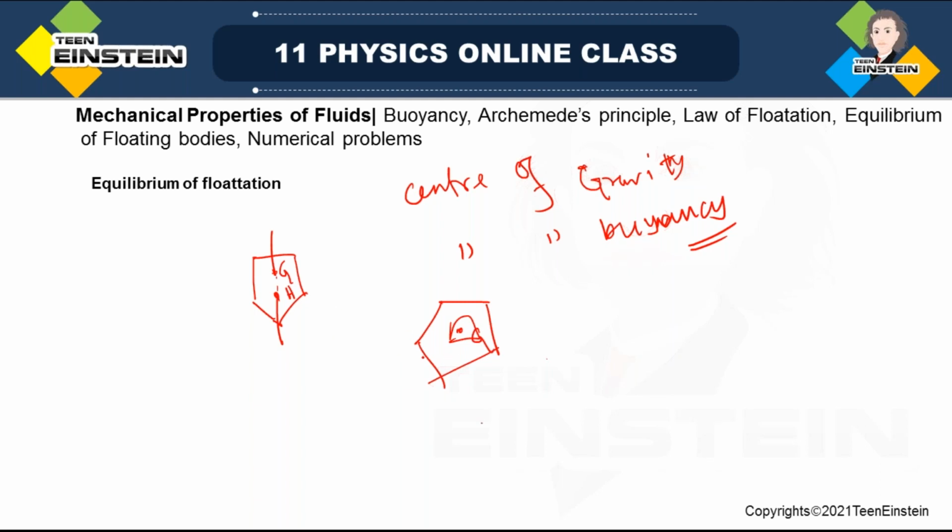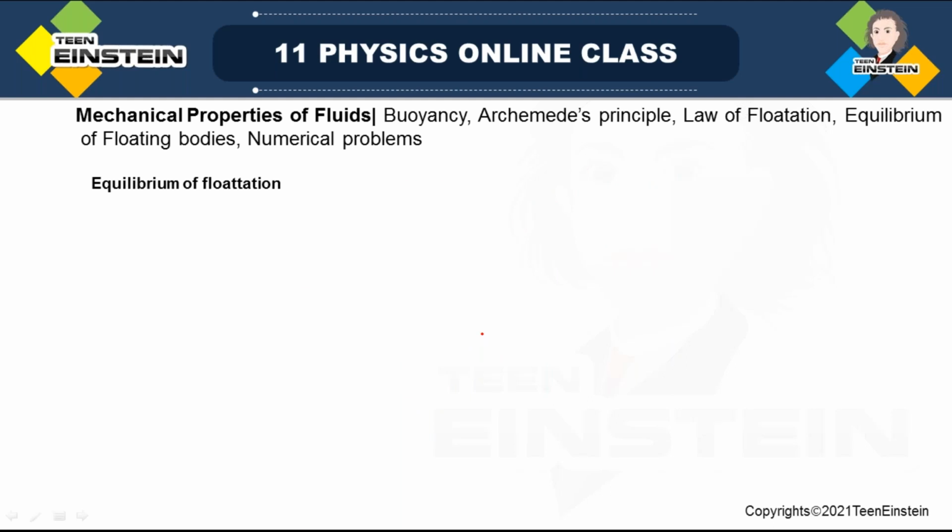So if they are not in the same line, then they will not be in stable equilibrium, and there will be a torque acting which will try to rotate the object. Okay, so this is about equilibrium of floating of bodies.